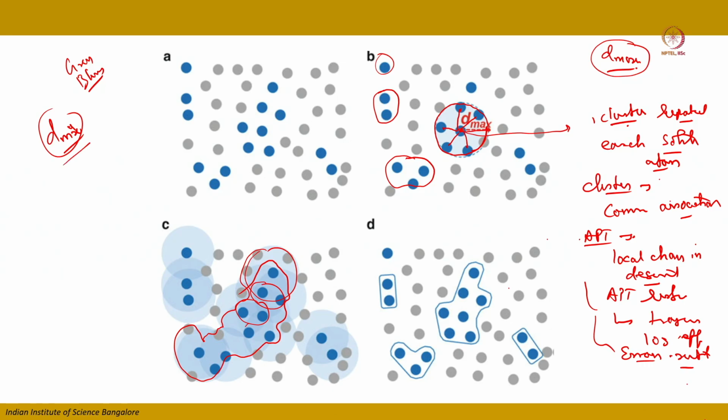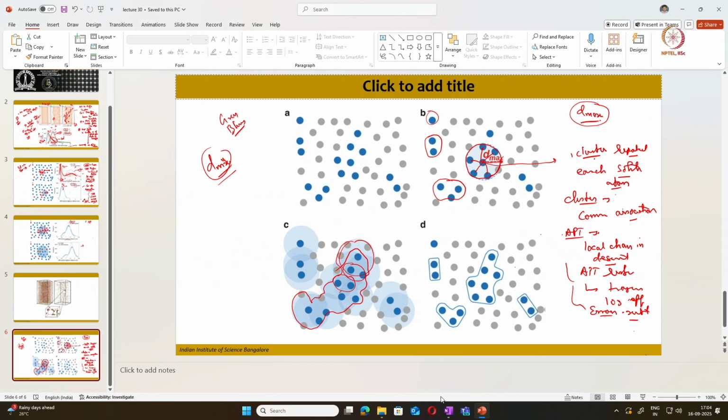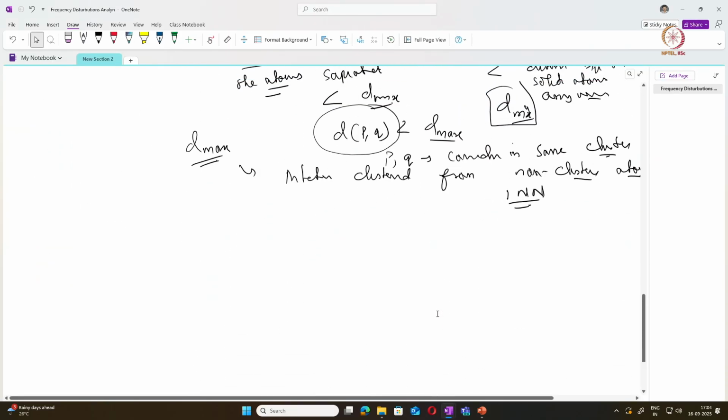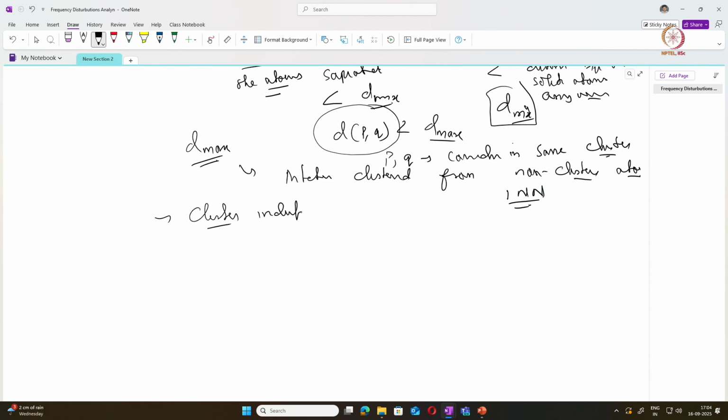Now we can also identify the clusters based on the composition or the concentration, which is the iso-based, meaning composition-based method. Here, instead of distance, solute concentration or composition is used as a parameter to define the cluster.